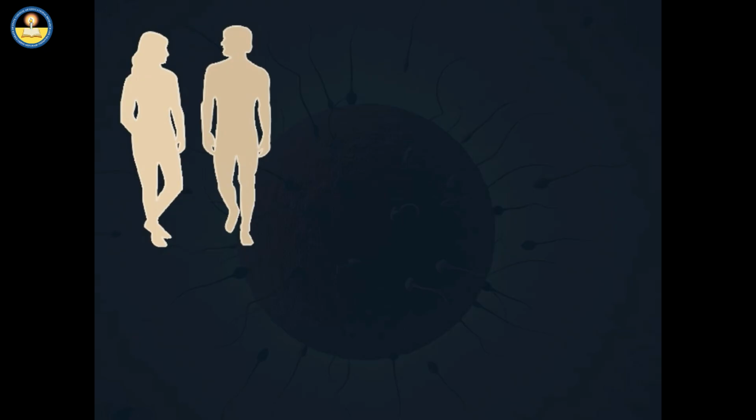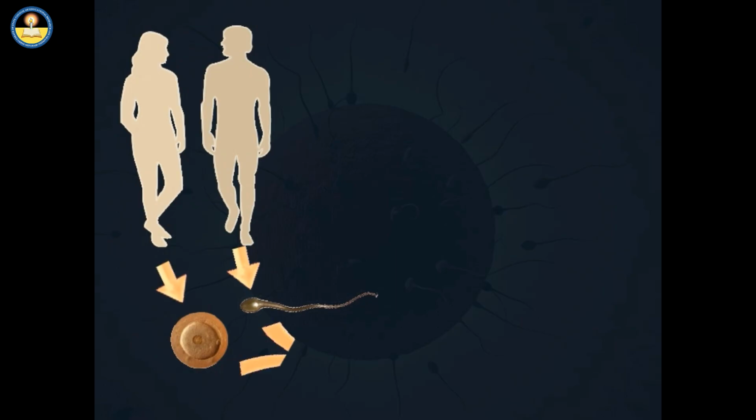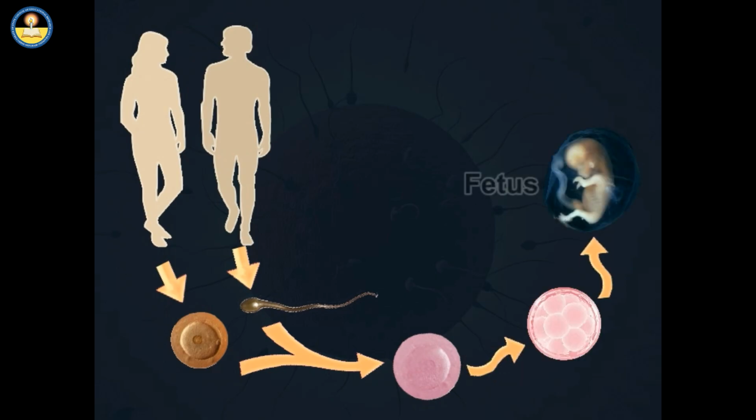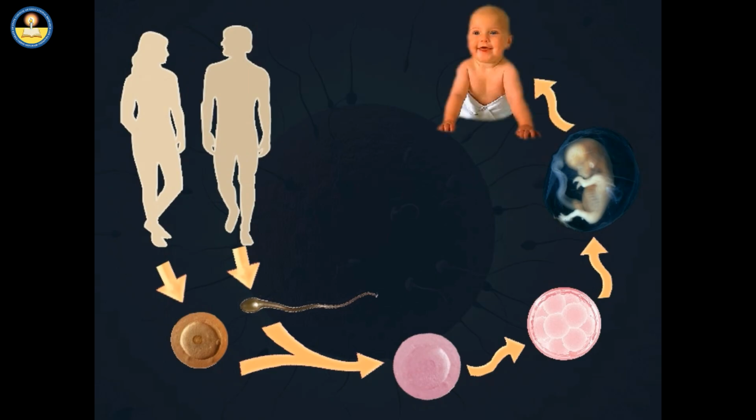You have already studied that in sexual reproduction, male and female gametes fuse during fertilization to form a zygote. This zygote then develops into a fetus. Sex of the child, male or female, depends on the type of sex chromosomes involved in the fertilization.